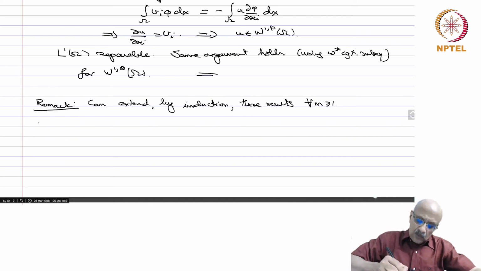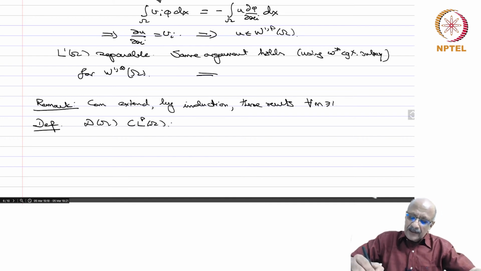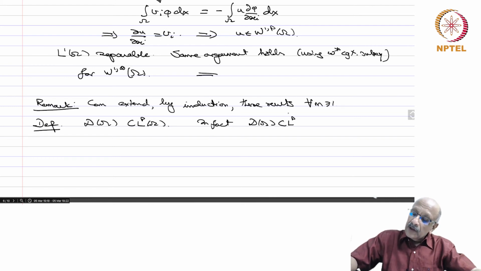Okay. So, now an important definition. We know that D(Ω) is contained in L^p(Ω), and for D(Ω) the distribution derivatives are just the classical derivatives, and therefore they are also C infinity functions with compact support, and in fact D(Ω) is contained in W^{m,p}(Ω) for all m.